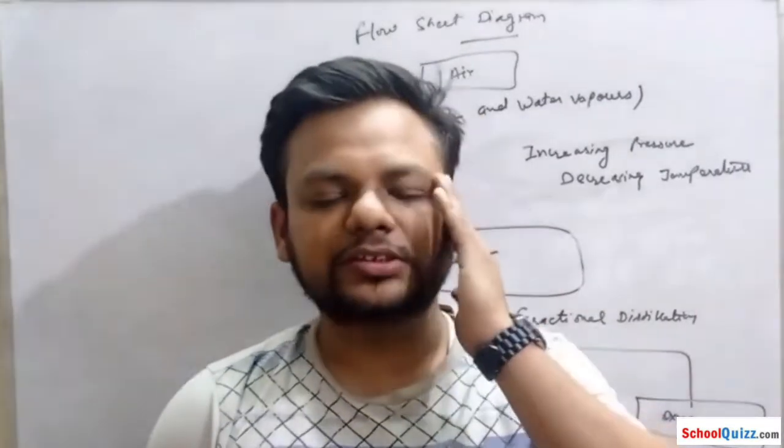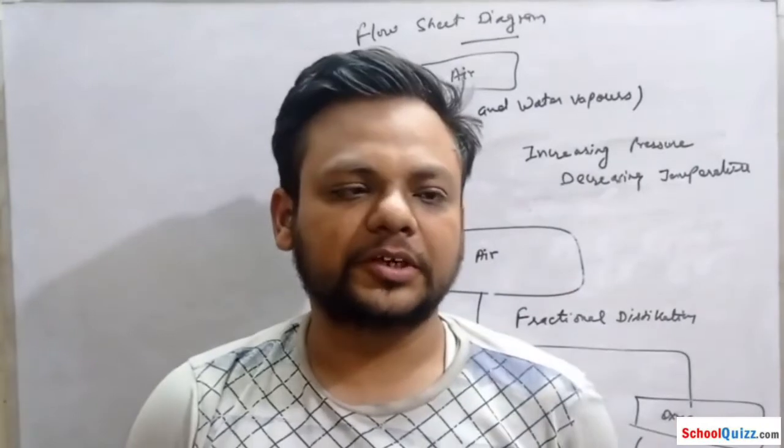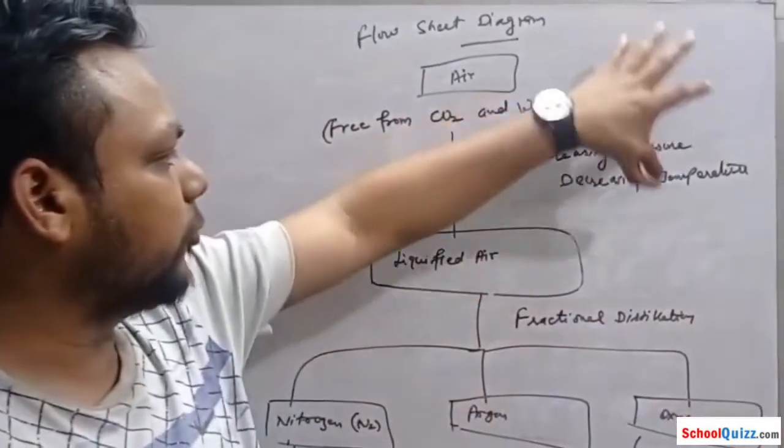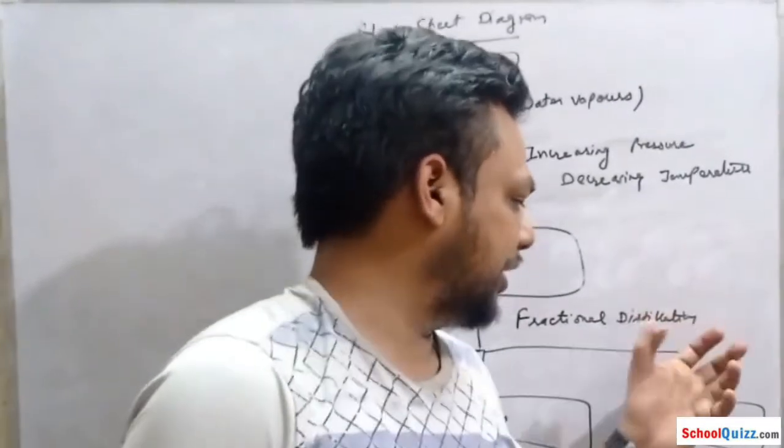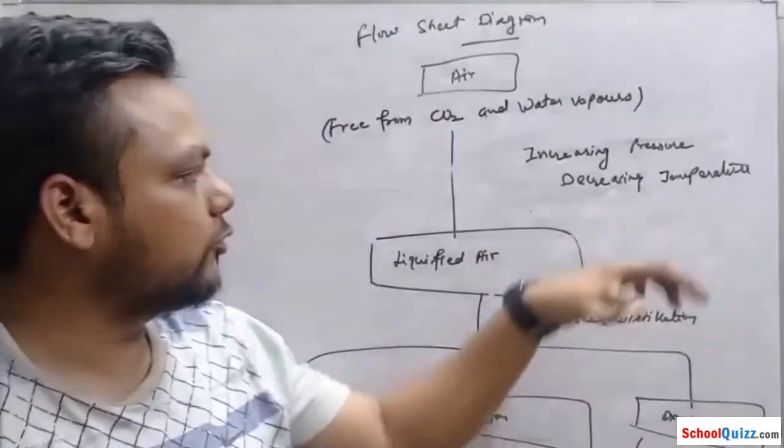So you have to just write in words. With the help of a flow chart, you can draw this flowchart on paper, and it will also show a better impression that you have the knowledge.